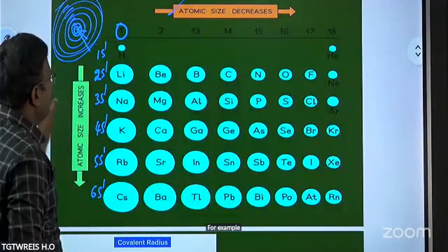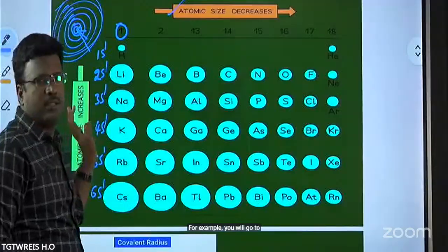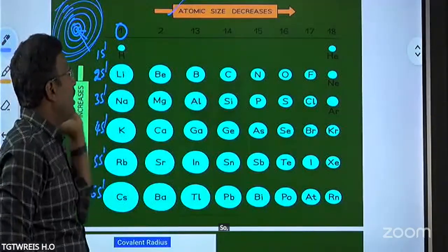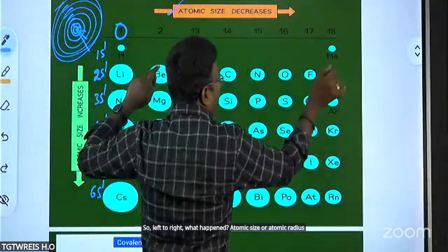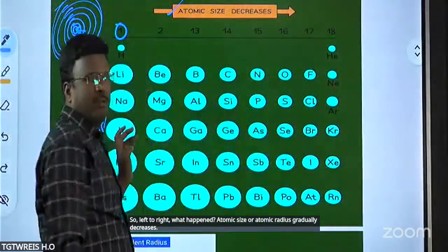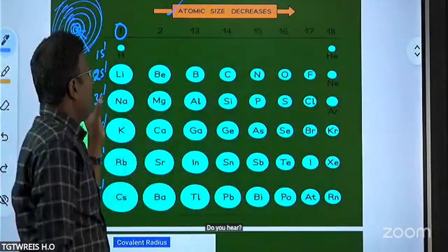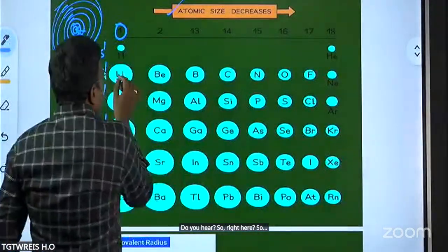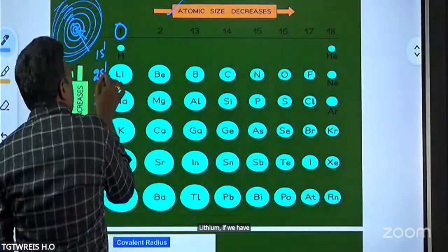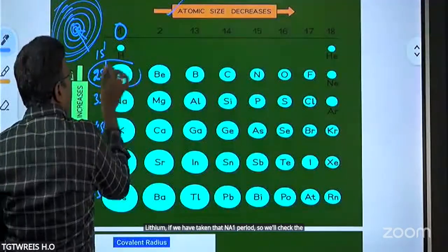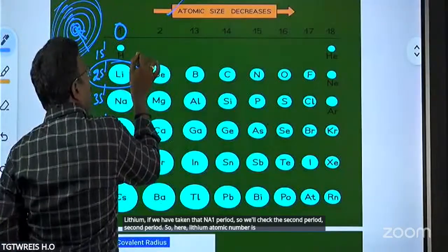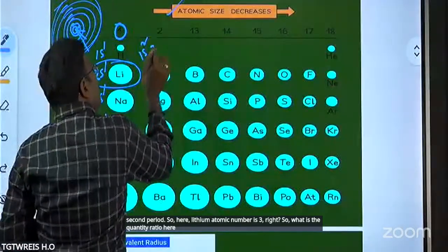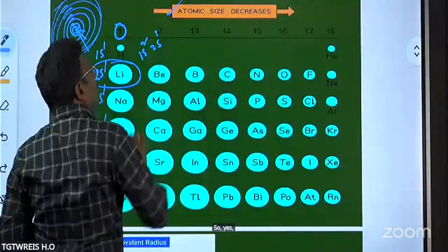Now go to the period. Left to right, what happens? Atomic size or atomic radius gradually decreases. Clear? Why here? Take the second period. Lithium atomic number is 3, so the configuration is 1s2, 2s1.